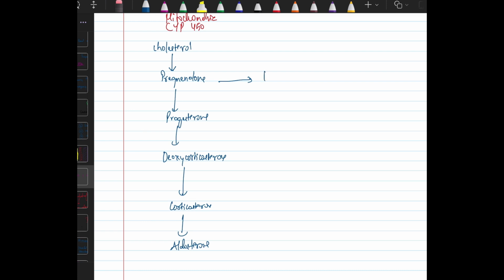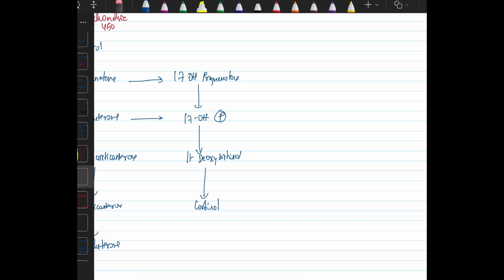So this pregnenolone gets converted into 17 hydroxy pregnenolone. Okay, and this progesterone gets converted to 17 hydroxy progesterone. Now this 17 hydroxy progesterone will form 11 deoxycortisol, that will form cortisol.